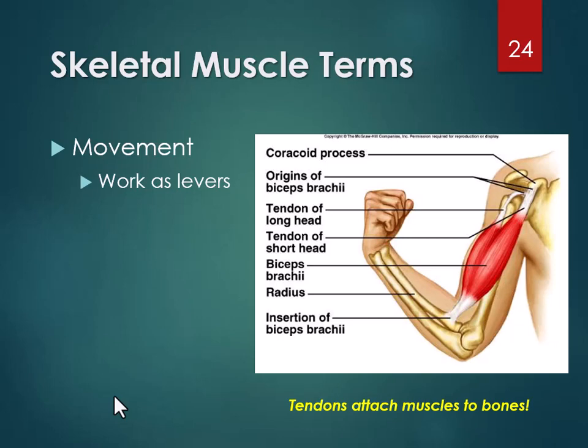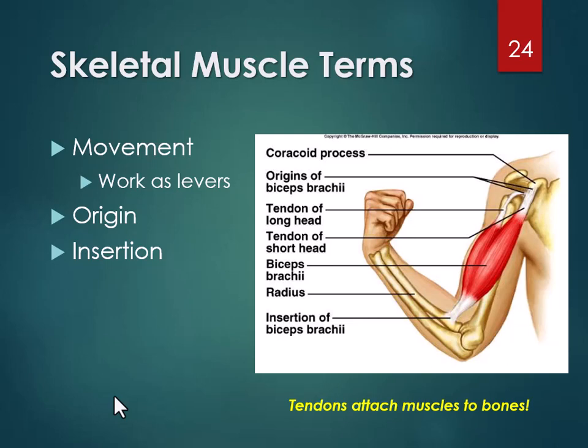And that allows movement because the tendons that are attached to the bones are attached to the immovable bone at one end, referred to as the origin, and attached to another bone called the insertion, and that's the one that moves. So in this picture right here, the biceps muscle, the tendon attached up at the top to the scapula is the origin, and the attachment down at the bottom is to the radius.